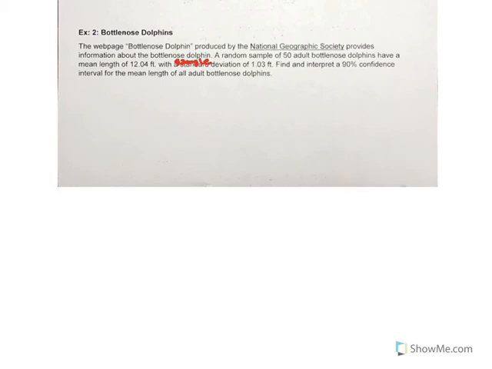Okay, so here we go. We know that the mean length is 12.04 and our sample standard deviation is 1.03 and we're looking at a sample size of 50 and we're going to do a 90% confidence interval. So here we go. Our formula.